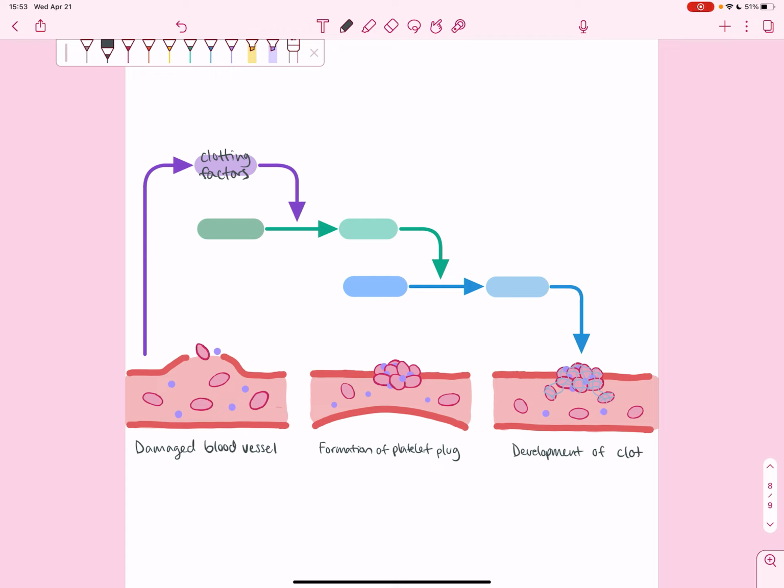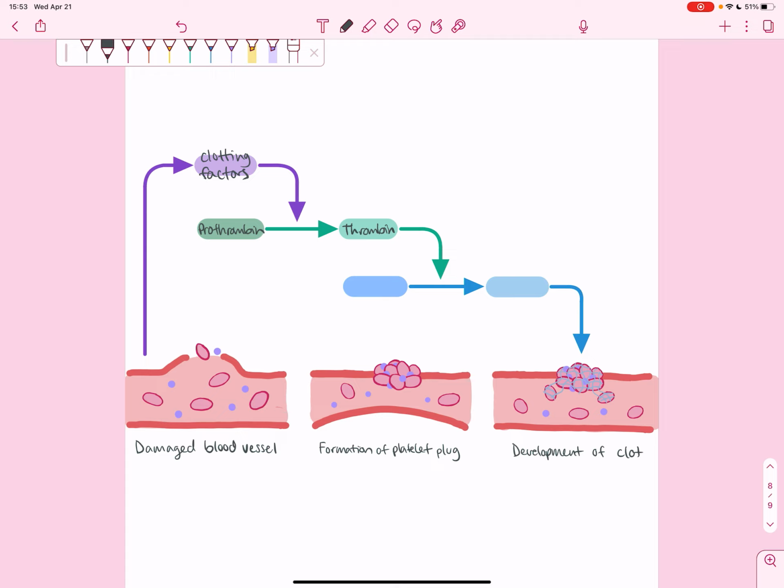So prothrombin is over here. Prothrombin transforms into thrombin. Okay? Then thrombin causes a change of fibrinogen.